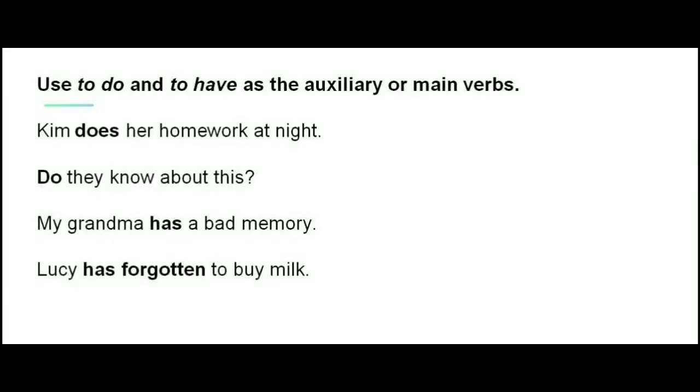Now let's review the helping verbs to do and to have and practice a bit. Remember that we use to do and to have as the auxiliary or main verbs of a sentence. Read the following sentences and decide whether the helping verb is the auxiliary or main verb of the sentence. Kim does her homework at night.